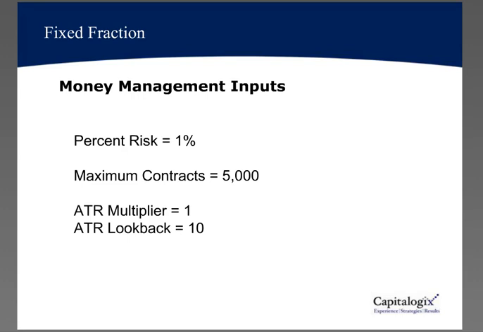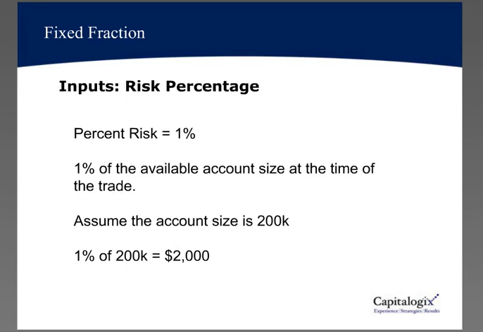These are the defaults that come with the program: a 1% risk, maximum number of contracts 5,000, and typically what I do is just let the strategy run as many contracts as possible, at least initially, just so I can see what the true effect is for the individual strategy itself and what the influence of that money management style is. The ATR multiplier and the ATR look back I'll get into in just a second as we go through the formula itself.